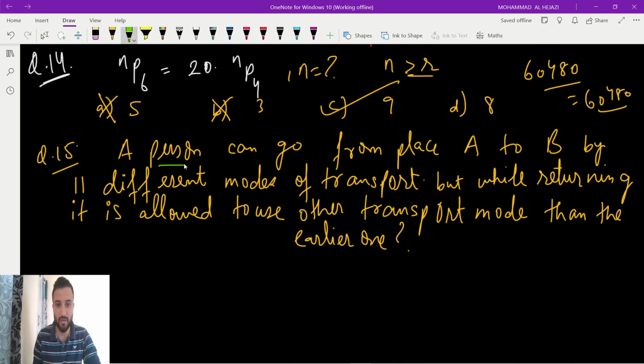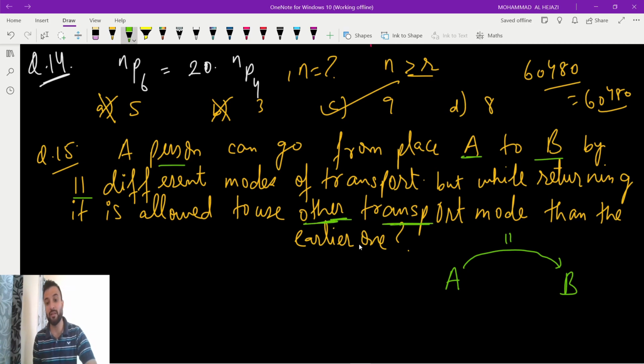So we know that a person can go from place A to B by 11 different modes. Obviously we did this, right? Going A to B, he has 11 different modes. But while returning it is allowed to use other transport mode than the earlier one.